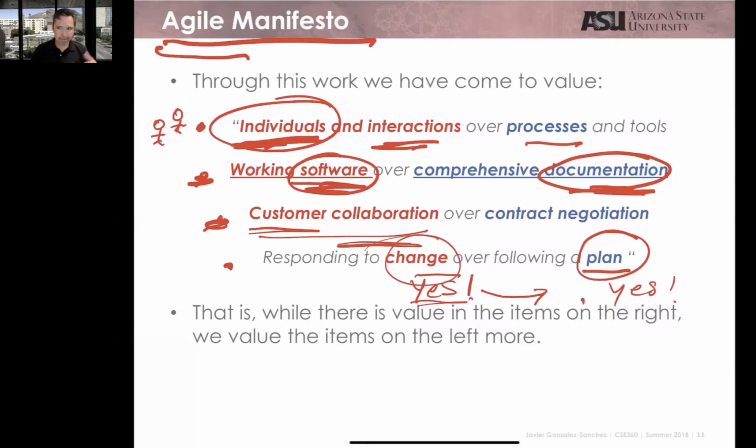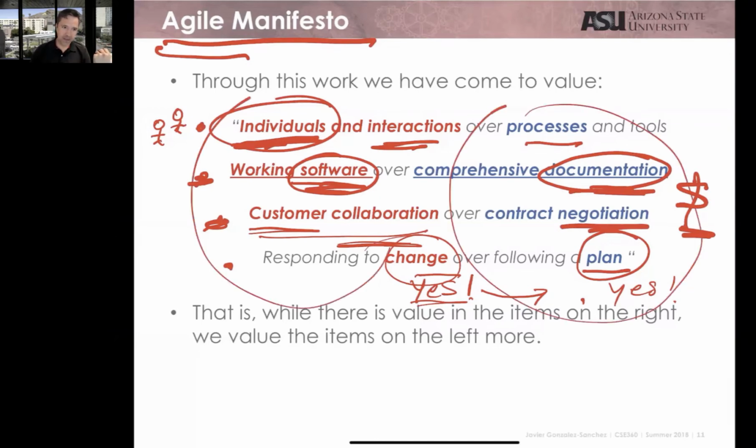There is a plan, there is documentation, you follow a process, and obviously there is a contract negotiation because, well, unless you are doing a school project, you're going to be paid for this. So payment is something that you're going to negotiate somehow. All of this exists, but all of this is more important than this. The red is more important than the blue, even though the blue exists.